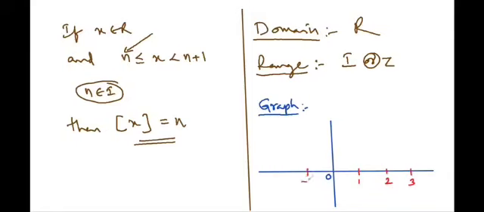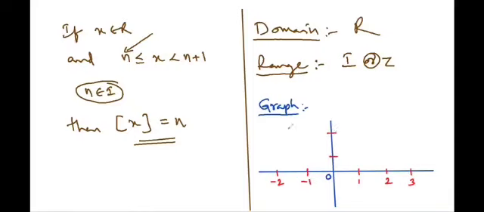Even this is -1 and this is -2. Right? Now let us plot the graph. Outcomes we usually plot on the y-axis. Outcomes will be taken on the y-axis. So on the y-axis this is 1 and this is 2. This is 1 unit and this is 2 units.